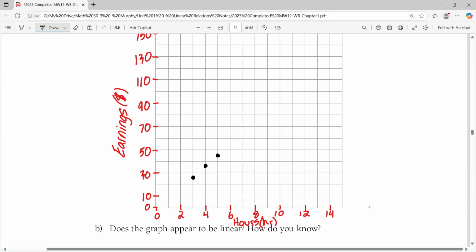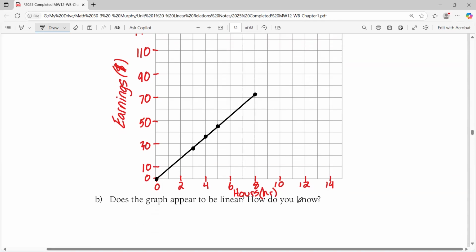And 8 and 72. Right there. Okay, that's looking pretty straight. All right, and I will connect these, and it should go through 0 and 0 because it's direct. So I could have put 0, 0 as a starting point.